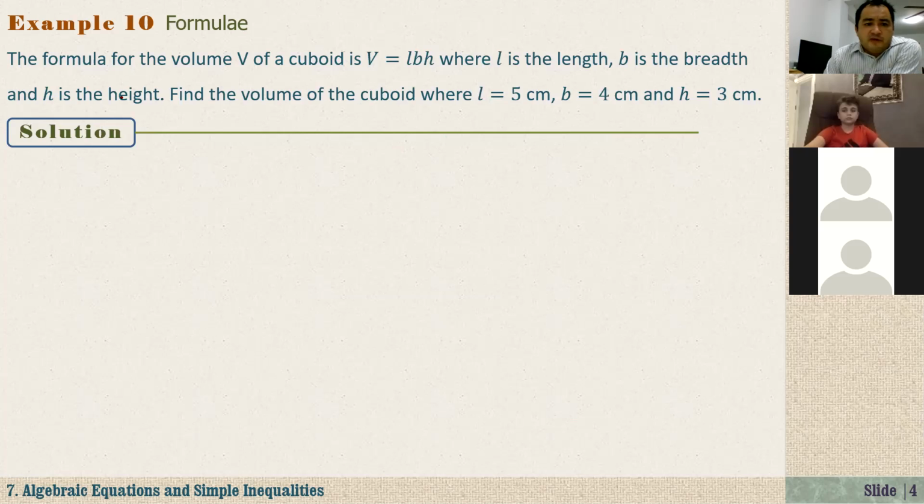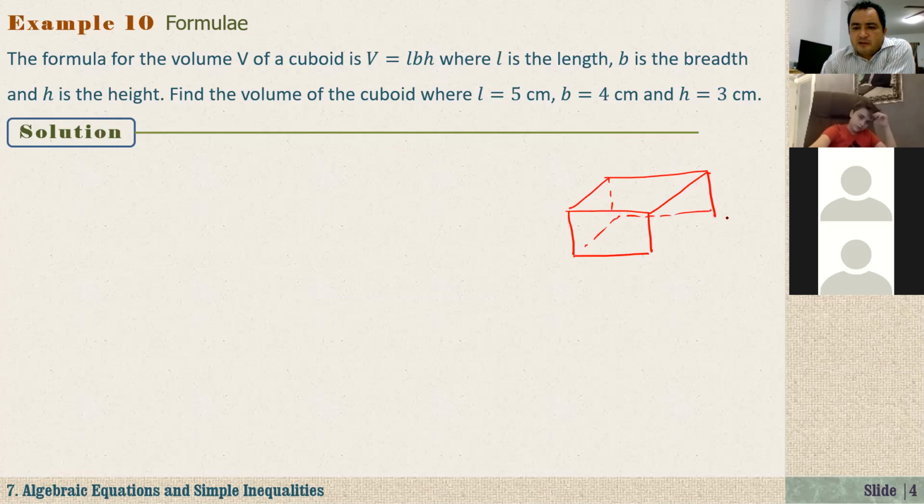For example, the formula for the volume V of a cuboid is V equals L times B times H. What is a cuboid? A cuboid is something like this. That is our cuboid. So this side is, let's say, length, this one is breadth, and this one is height.